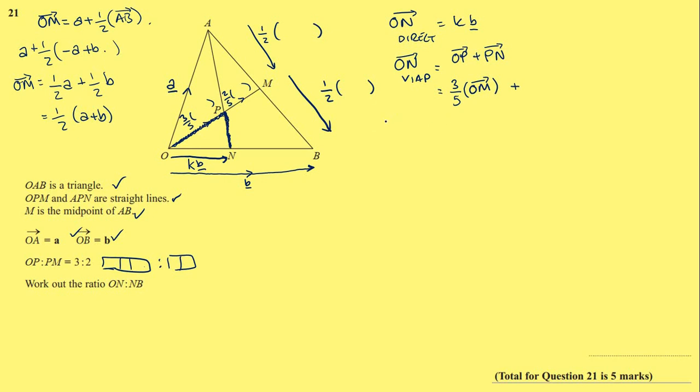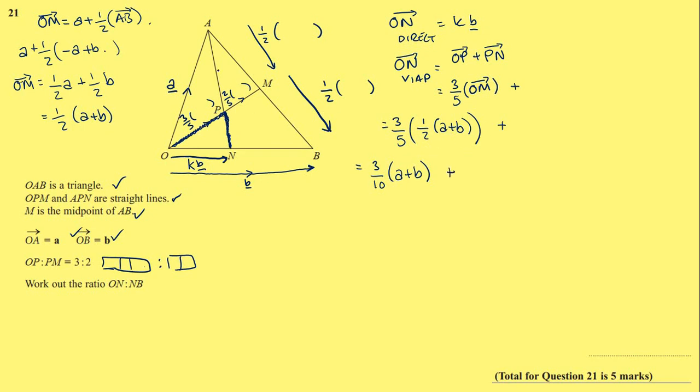Now what we said was that O to P was equal to 3/5 of that line. So we can expand in these fractions and we end up with 3/10 of A plus B. That's from O to P, which was 3/5 of O to M. O to M was this chunk, 3/5 of 1/2 of A plus B was this bit.